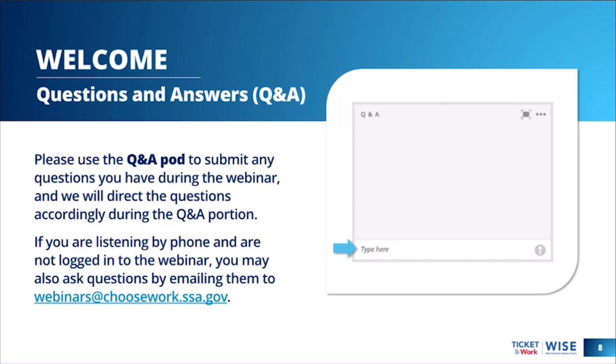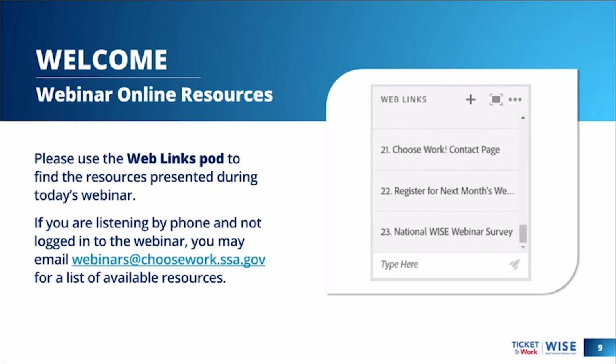We will then direct the questions to our speaker during the Q&A portions of our webinar. We'll address questions at a couple of different points during the presentation. Please keep in mind that we cannot answer personal questions during this webinar, but we'll provide you with some alternatives about how to get help throughout the course of the presentation.